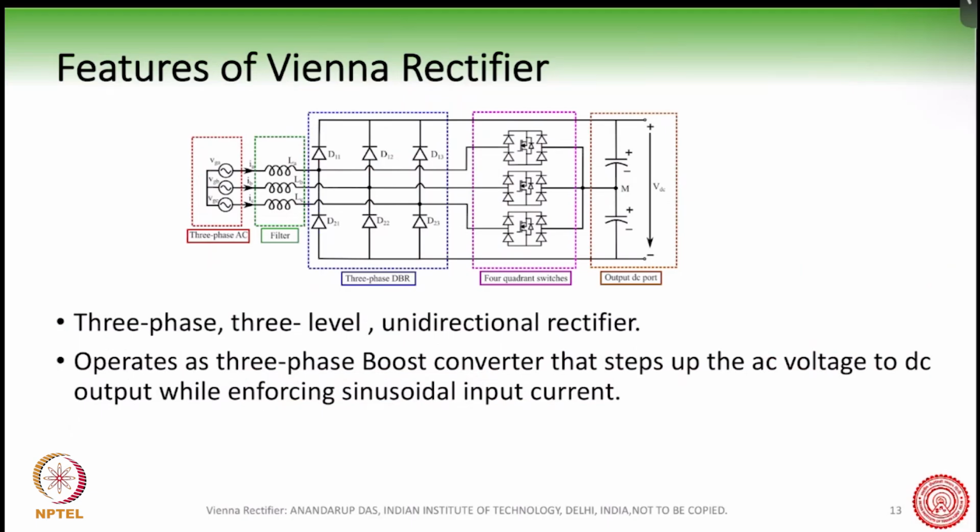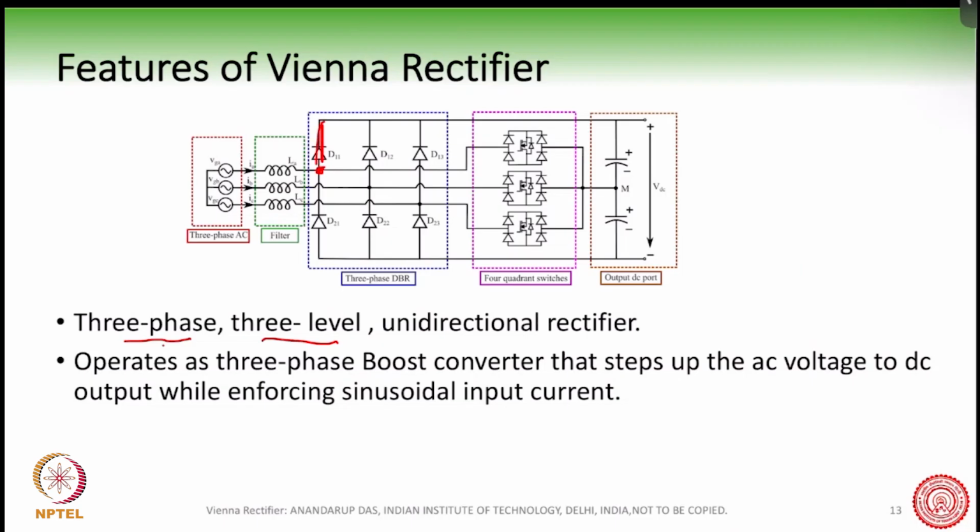So what are the features? Let us now come back to the Vienna rectifier and see what the features are. It's a three-phase converter. It is three-level. Why is it three-level? You can see here that this is the pole voltage of the converter.